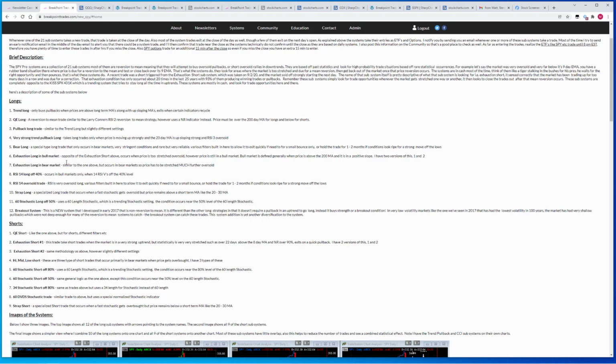So my thought here when I made all this was to develop as many individual systems as I could for a couple reasons. Number one, when I looked at systems out there, there's a popular reversion to mean system called Larry Connors' RSI2 type system, and it's a pretty decent system on its own, but it's one system, right?